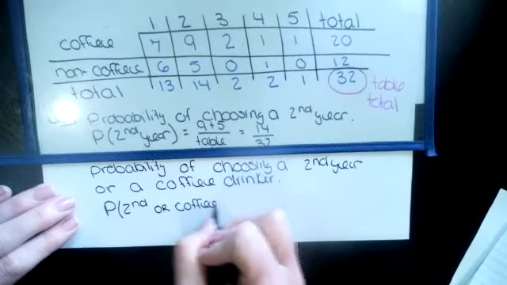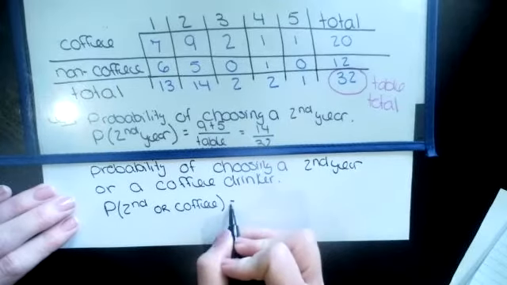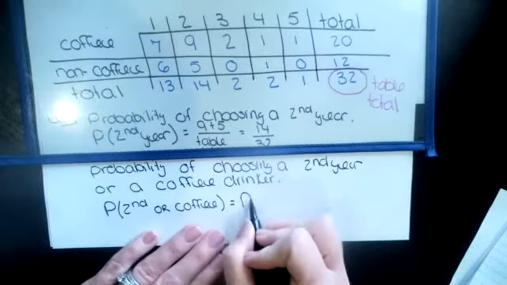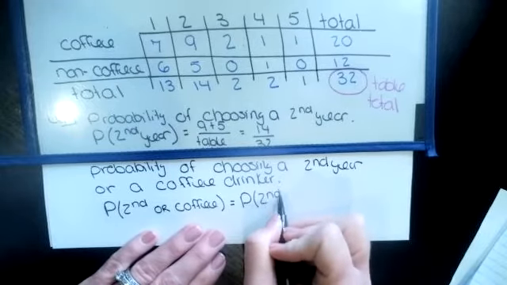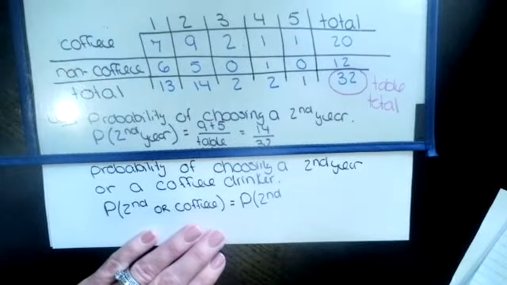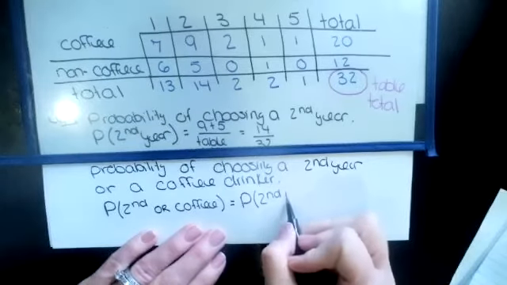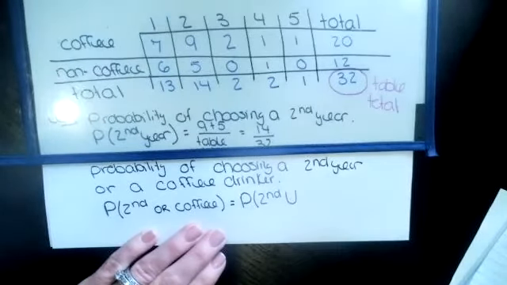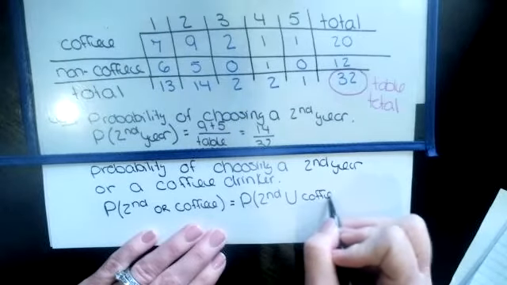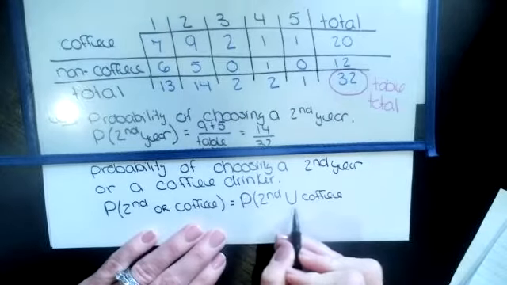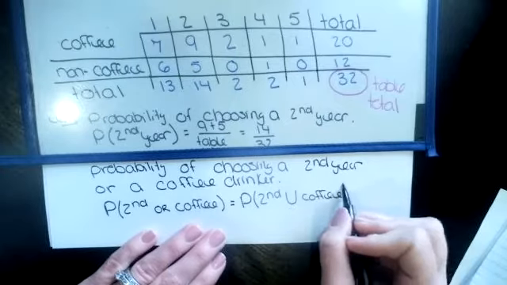And I can write this another way. So I'm going to write an equal sign so we know I can write it a different way. The probability of a second year student, and I'm going to use what we call a union symbol, and it just looks like a capital U, kind of. Okay, so that's my union symbol. That represents or. That's a notation for or.